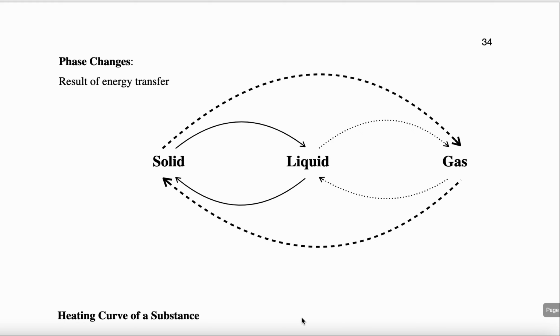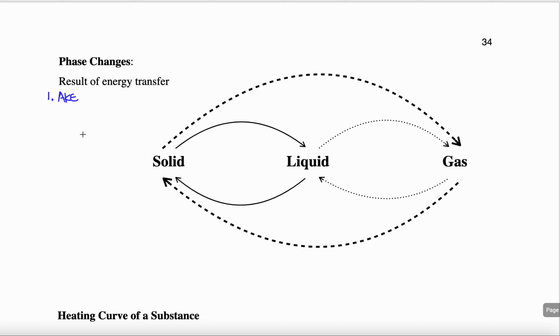and the idea of phase changes and how they're the result of energy transfer. So when energy is transferred into our sample or it's forced to leave our sample, the energy transfer affects the particles in two ways. So number one, it changes the average kinetic energy of every particle.